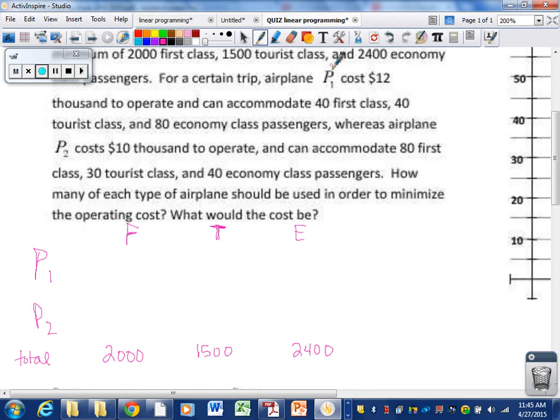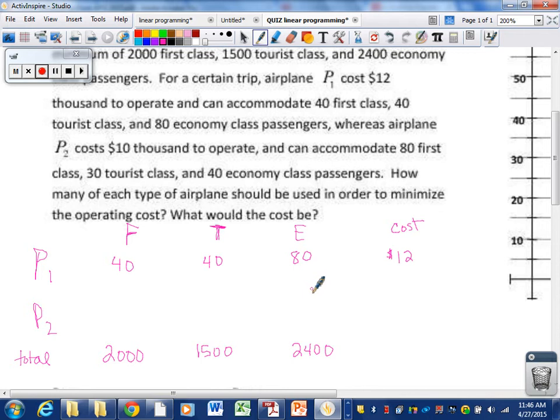Anyway, let's see. The first plane costs $12,000 to operate, so that's going to be another thing over here. Cost to operate, $12,000. Once again, we're going to want to minimize this, but it's good to know at the beginning. $12,000 and can hold 40 first class passengers, 40 tourist class passengers, and 80 economy class passengers.